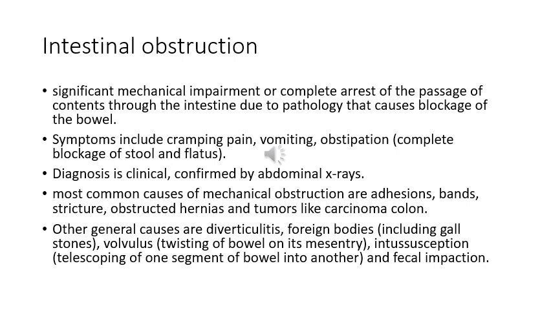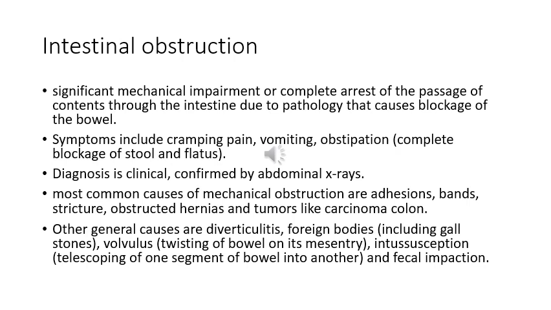Then the most common causes of mechanical obstruction are adhesions and bands, due to thickening of the intestinal walls or intestinal tissues. They get adhered, or bands get formed due to healing scar tissue. Then strictures, which means narrowing: the intestinal gap gets narrowed.